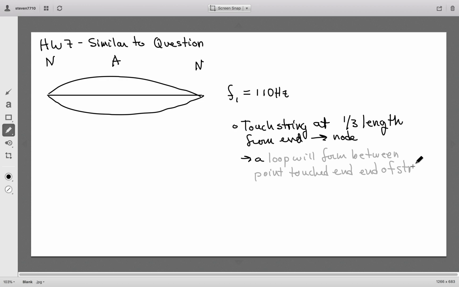And the idea then is that if I touch the string right here at 1/3 of its length and I form a node there, and the size of the loop is from that node to the end of the string, then one loop length equals 1/3 of the string length.